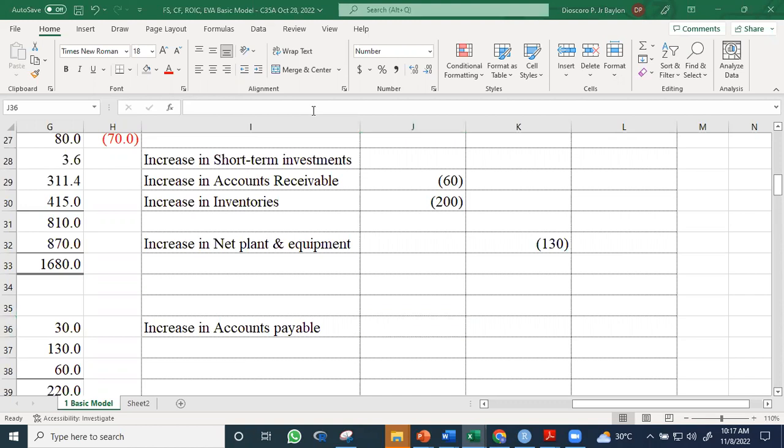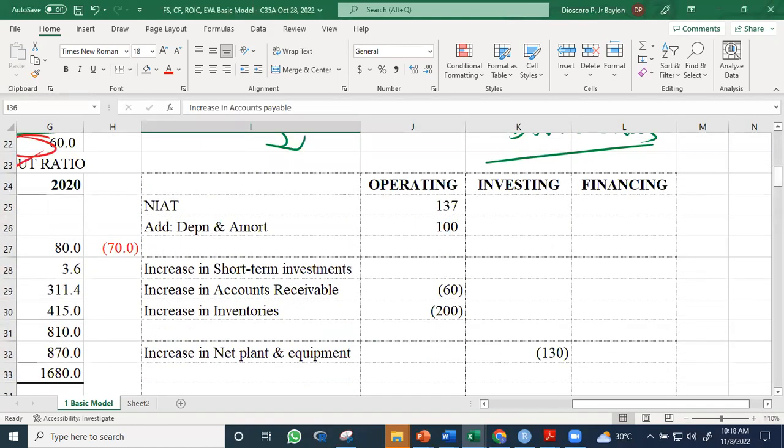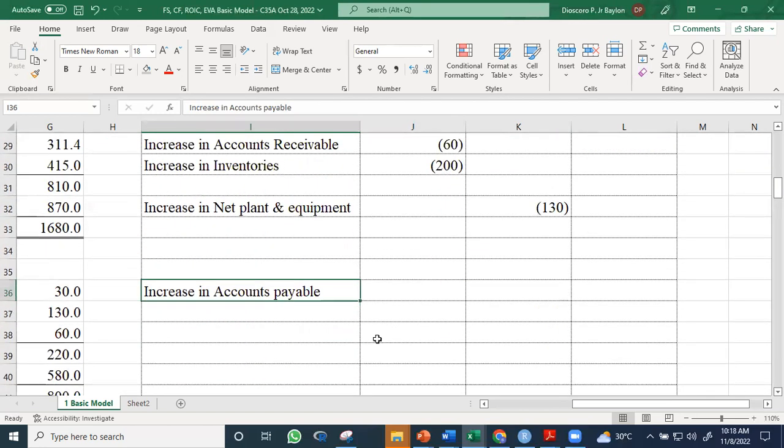Okay, thank you for your answers. But accounts payable is generated in the ordinary course of business. A company will buy its supplies, its raw materials from a certain company. So it's not actually financing. It will fall under operating, because these are trade payables.